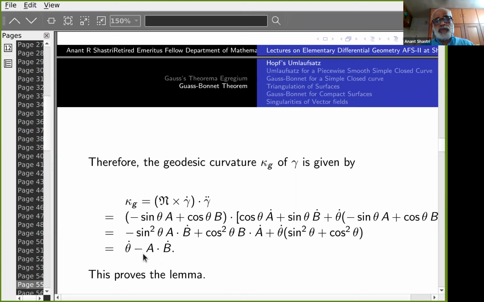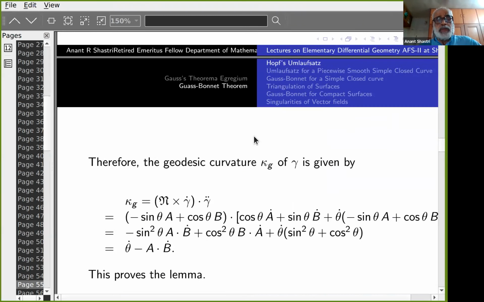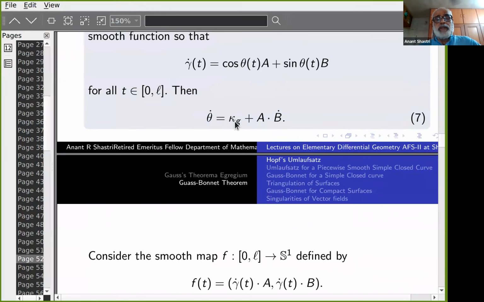So that is equal to theta dot, this is 1, minus A dot B dot. So that computation will take care: kg is this minus this, so bring it on this side, theta dot is this.